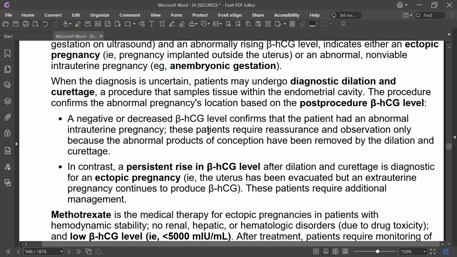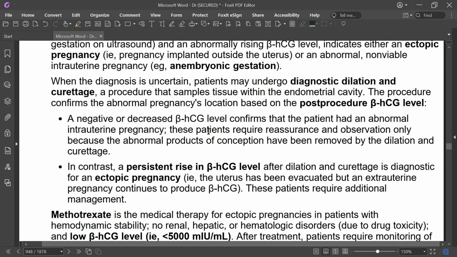The procedure confirms the abnormal pregnancy location based on post-procedure beta HCG level. A negative or decreased beta HCG level confirms that the patient had abnormal intrauterine pregnancy. These patients require reassurance and observation only.